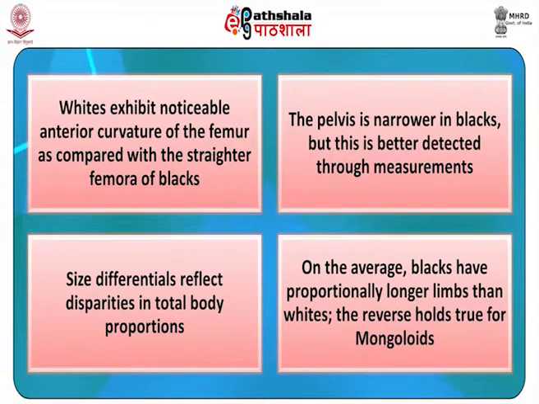The pelvis is narrower in blacks, but this is better detected through measurements. Size differentials reflect disparities in total body proportions. On the average, blacks have proportionally longer limbs than whites. The reverse holds true for the Mongoloid cases.